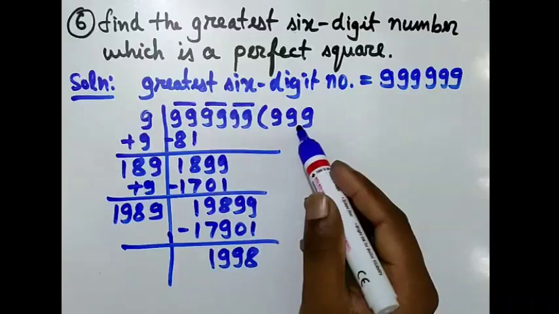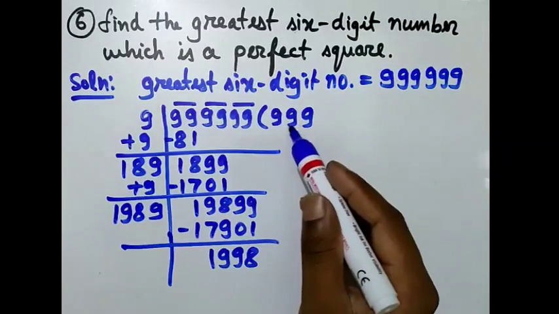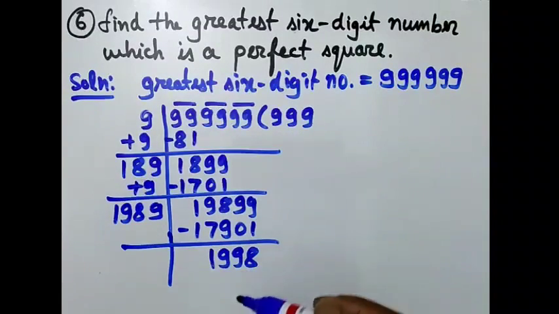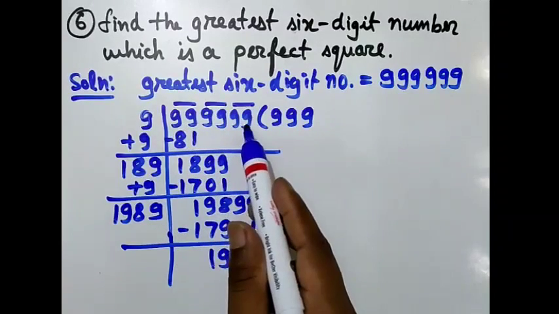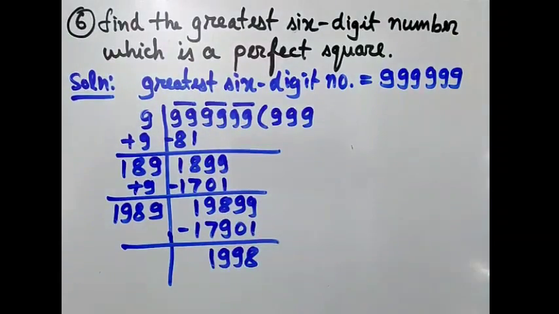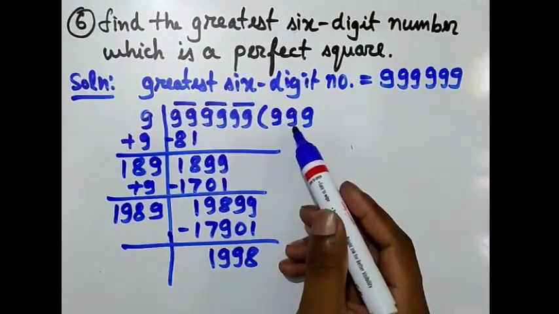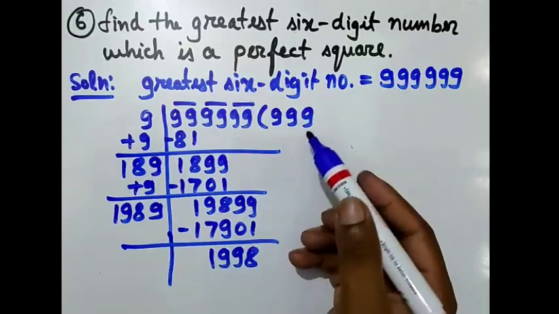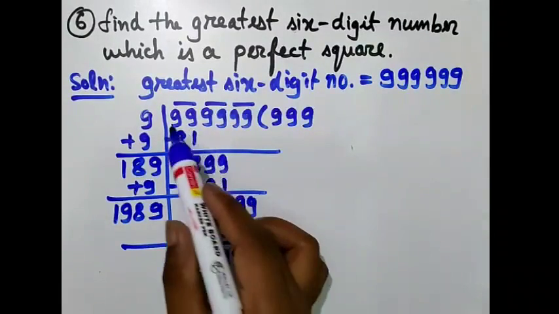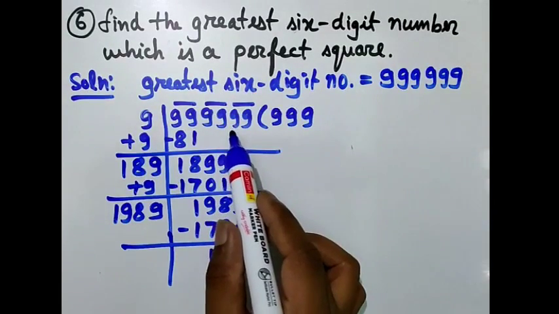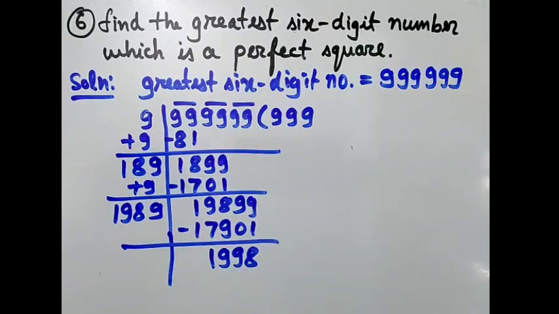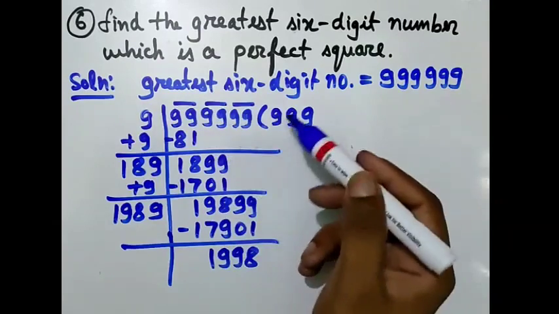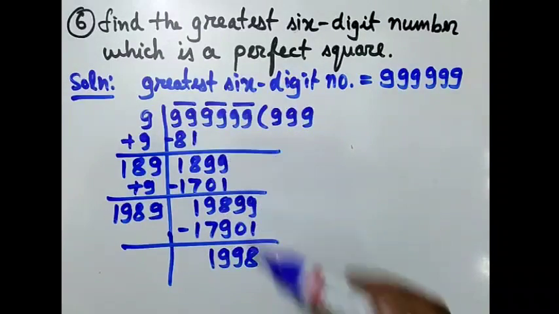Instead of just finding the square of 999, we can subtract the remainder from the largest 6-digit number. If I square 999 and add the remainder, I will get the largest 6-digit number that we have divided just now. Let's do it.